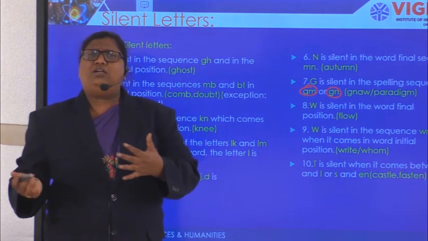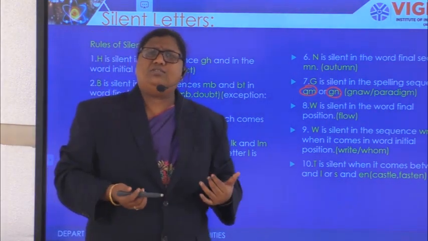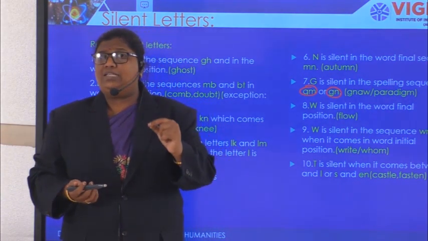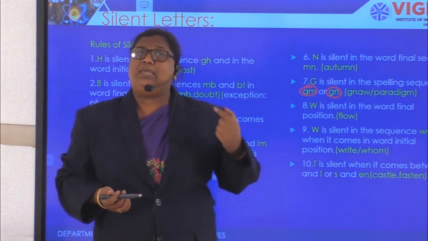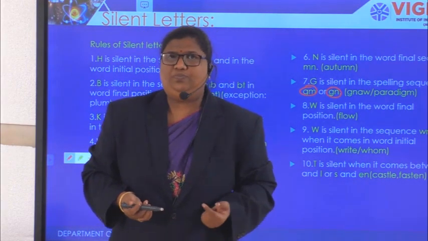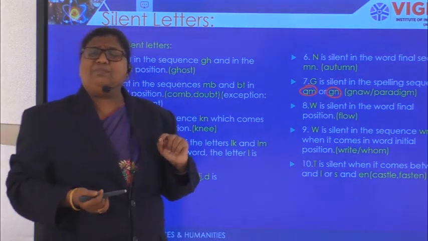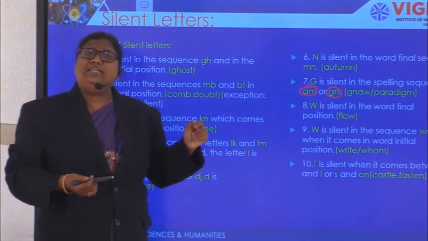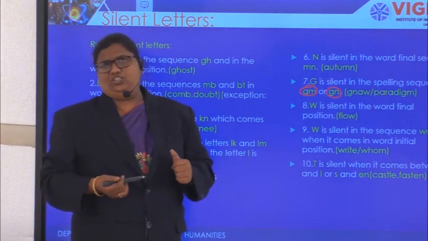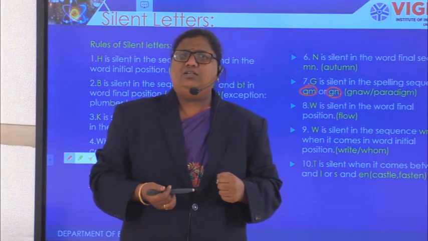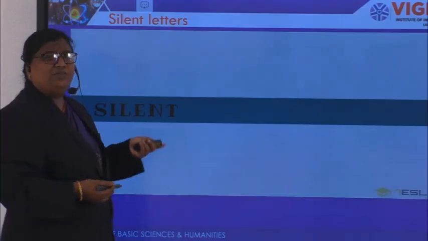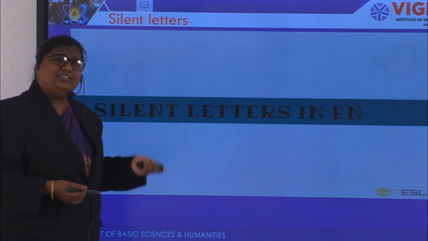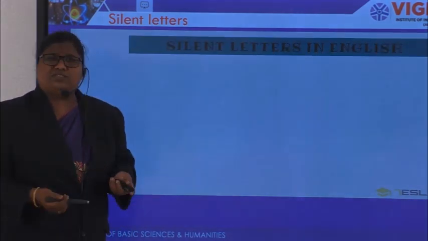You have borrowed many words from many languages, and how they pronounce and how they write the spelling, you have to follow the same pattern of the respective language. Alright, that is the basic reason why you are getting silent letters in English. Is it clear? Shall we move on to the next concept? I have a video here, you can listen to it in the face-to-face class.